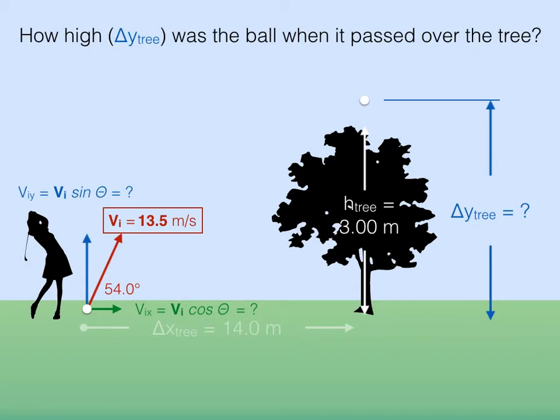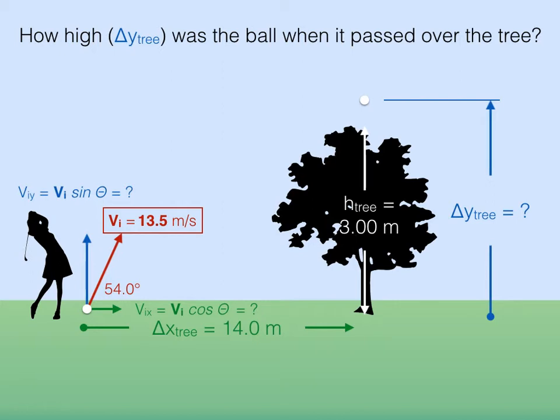Different varieties of this question might ask how much higher than the tree the ball would be, but we're just hoping that it's going to be higher than 3 meters, for the golfer's sake, so that the ball actually clears the tree. So what is going to be that height when the ball gets to the tree? Now the horizontal distance, those 14 meters, is going to be the important part to determining how high the ball is going to be when it gets to that point right there.